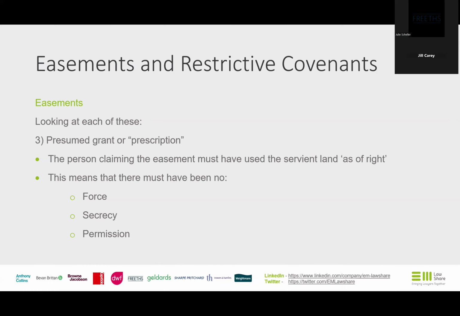And the third way that a claim would be defeated is if the landowner of the servient land has given permission. That is perhaps the point that comes up the most often in practice. But if you can't tick all those boxes, then you're not going to be able to prove that you've acquired the easement.